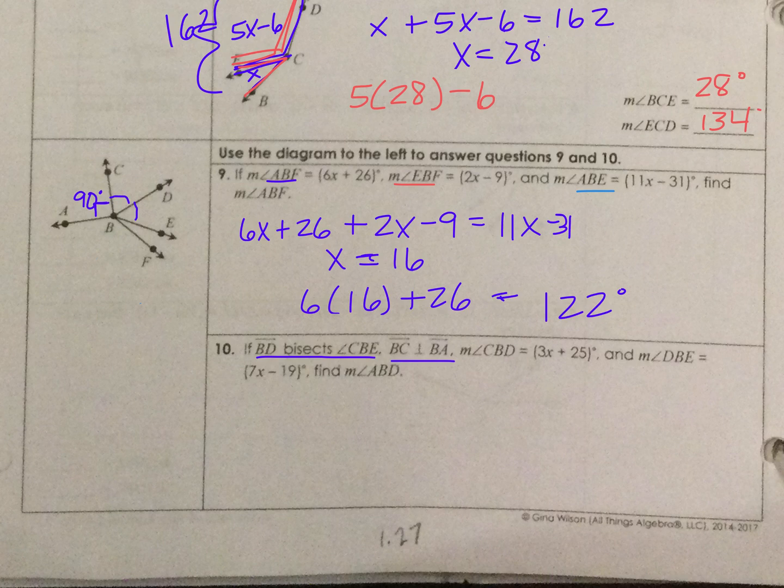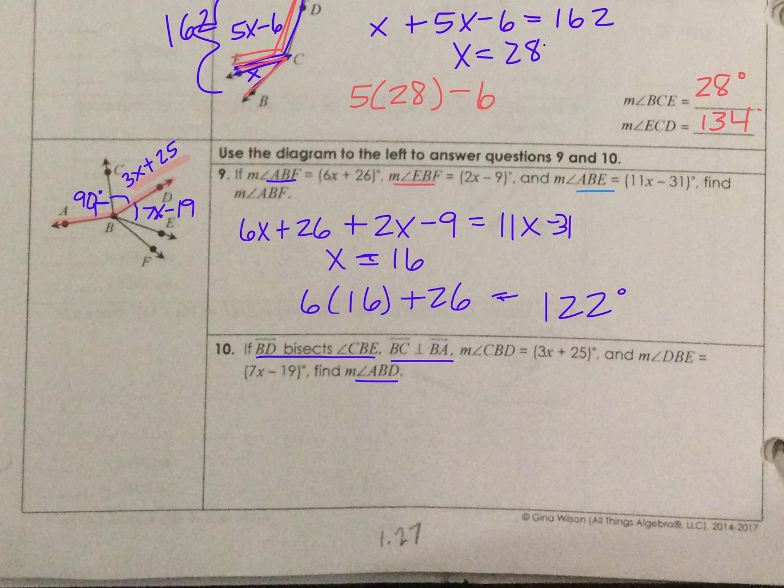CBD is 3x plus 25. And DBE is 7x minus 19. Find ABD. So first, before I can figure out how much that one is, I need to get a number.